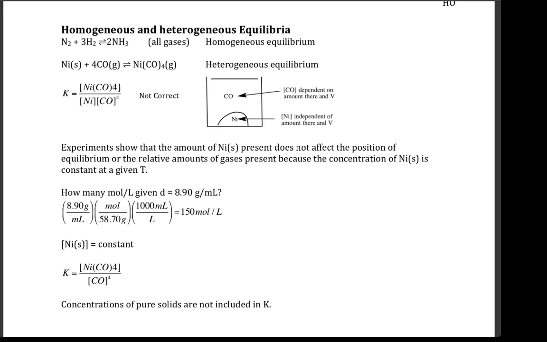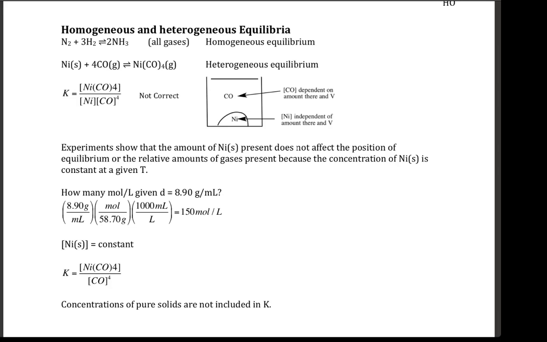That is, let's say that we have a flask of nickel solid and CO gas that we've put in, and it will then come to equilibrium with the product, the NiCO4 product.